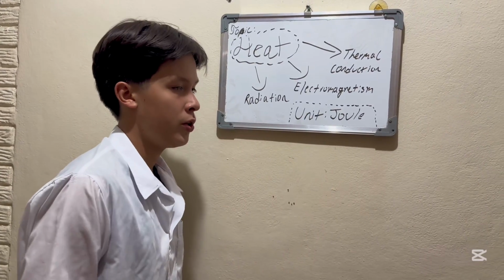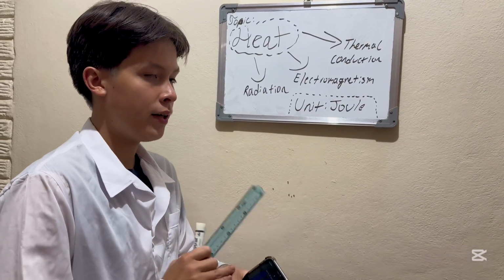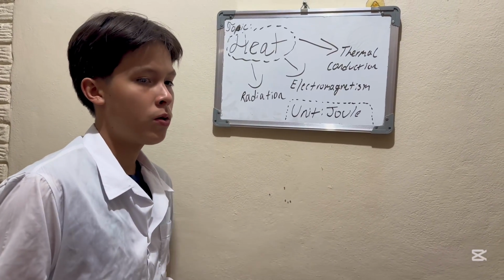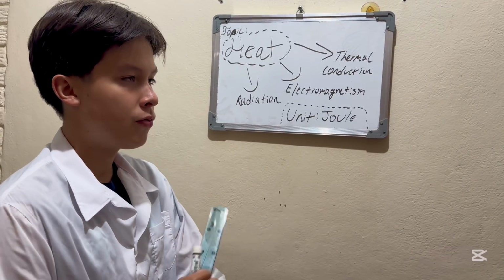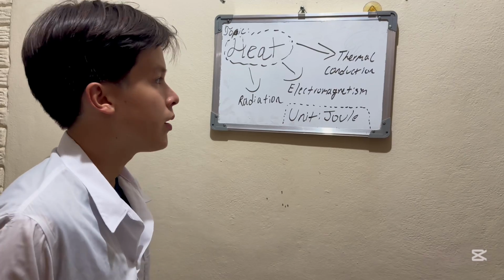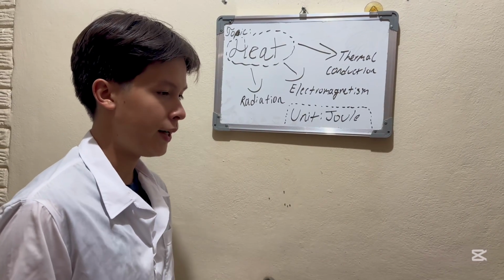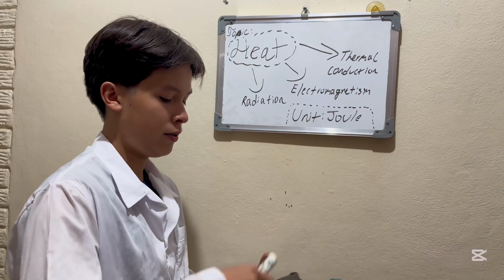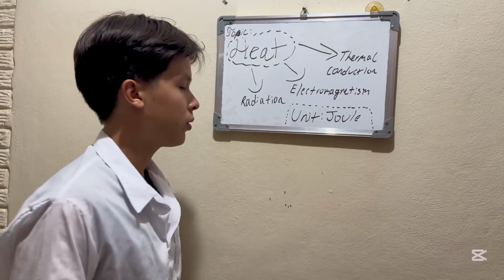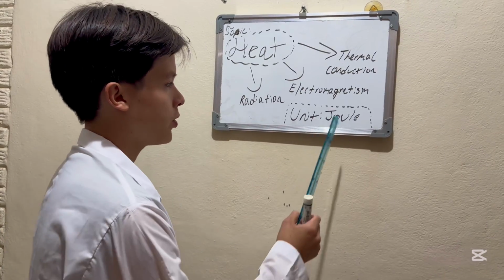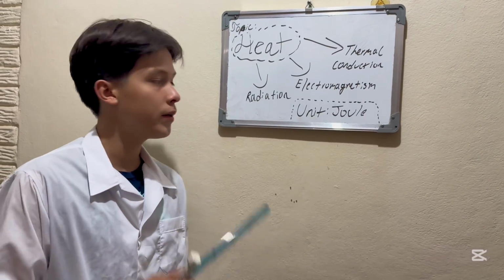Electromagnetism is when you rub two different things and you feel they are very hot, or when you rub a different type of cloth, you feel it very hot. And also thermal conduction, which is when an object that has heat transfers it by touching another object. And the unit to measure heat is called joules. So now I will show you an example of how you can apply heat in real life.